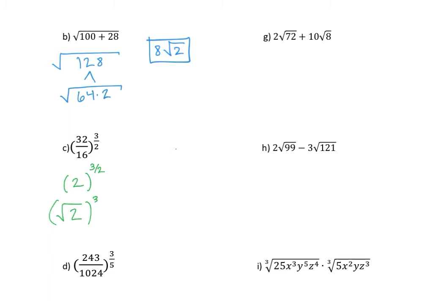I'm going to go 2 cubed is 8, and then the square root of 8 is 2 square roots of 2. So there we go. Kind of a little tricky one. It wasn't exactly what I wanted with the problem, but it's good to see that you can reduce the fraction before you take the exponent.